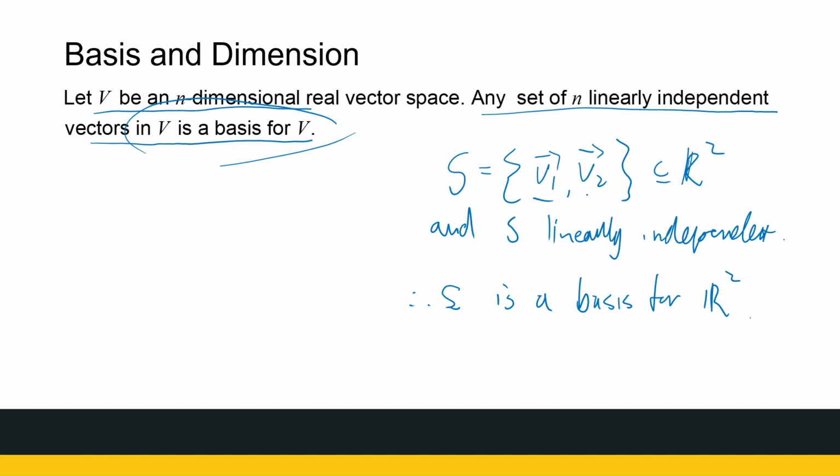Because there's the right number of elements in, they're linearly independent, so the span of S will be the whole of R2. So that's a very powerful theorem linking the dimension and linear independence to forming a basis for R2 or for any vector space V.